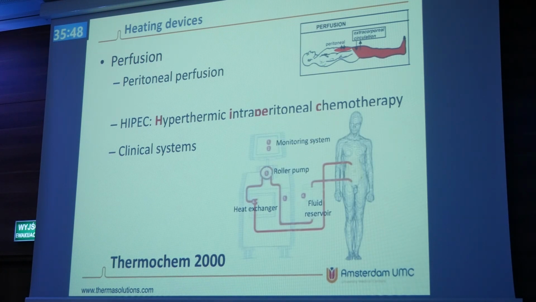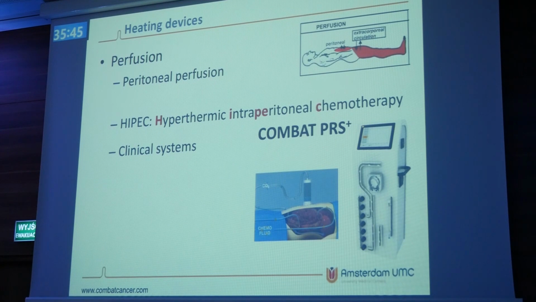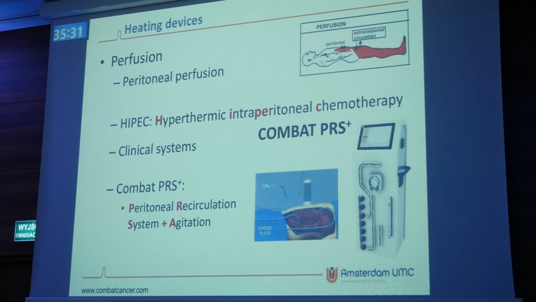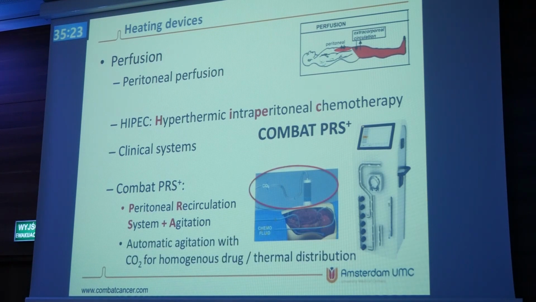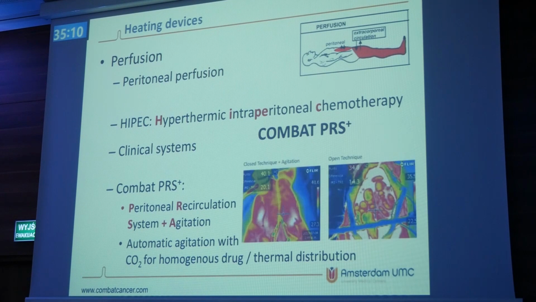The Thermochem 2000, also Combat, who's also supplying equipment for heating bladder cancer, has a special system developed for HIPEC, where they also add a form of agitation to further homogenize the temperature distribution during HIPEC, which is normally performed by the surgeons by shaking the patient or by manual manipulation during treatment.